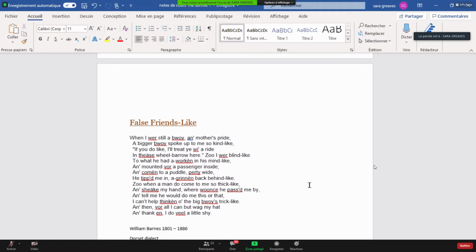But you've basically got three quatrains, with pride rhyming with ride, kind like, blind like. So A B, and then mind like, inside, wide, behind like.